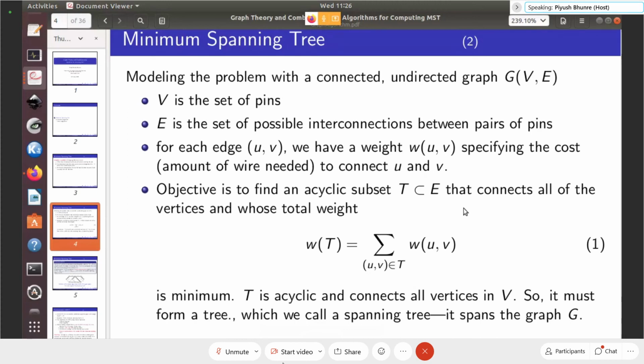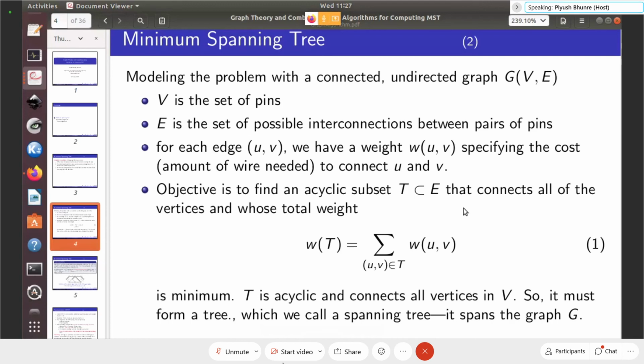Spanning tree, I have discussed many times. A spanning tree of a graph, suppose the graph is connected, is basically a subgraph of the graph such that it contains all the vertices, and it's a minimally connected subgraph. So basically it's a tree, a subgraph that is a tree and contains all the vertices.